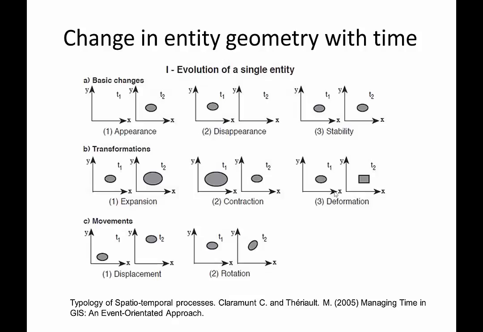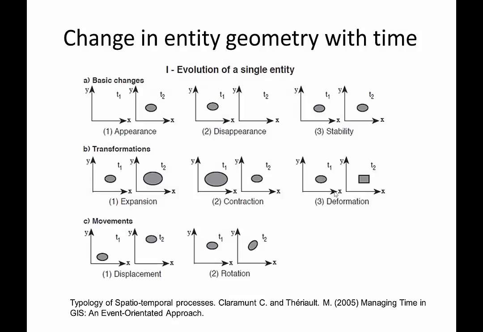Now, whether you need to record all of these changes or not depends on the needs of your application. Okay. So obviously appearance and disappearance is relatively straightforward, but how you deal with expansion, contraction or displacement is another matter. For example, with displacement, this geometry is exactly the same, it's just that its position has changed in geographical space.